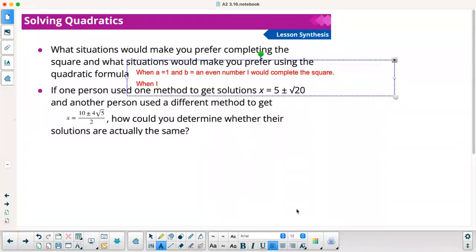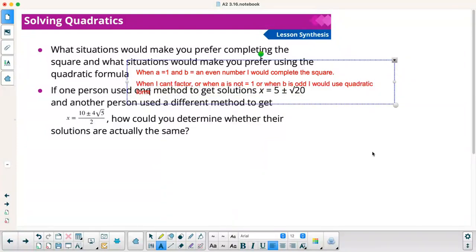When I can't factor, or when a is not equal to 1, or when b is odd, I would use the quadratic formula.